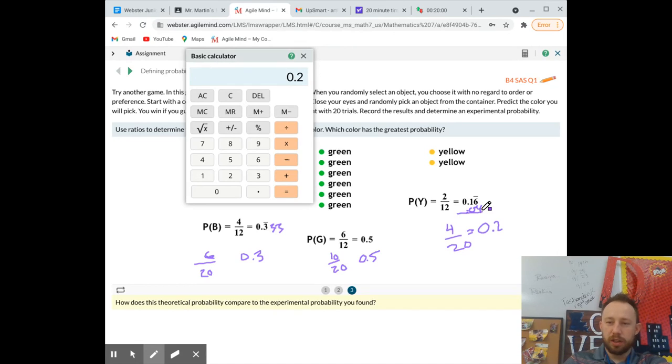So that's pretty close, right? So do you think that our experimental probability is fairly close to our theoretical probability? Yes, definitely. Is that pretty neat to y'all? Yes. I mean, it's usable. Let me put it that way. It's something that you could use.